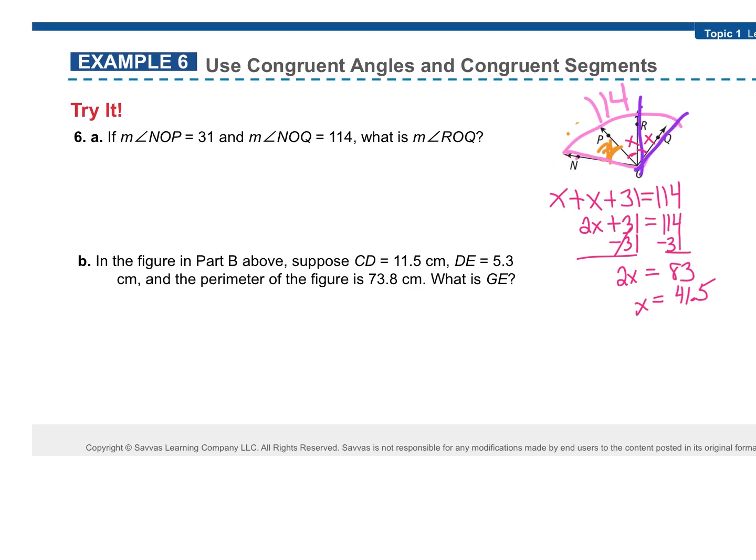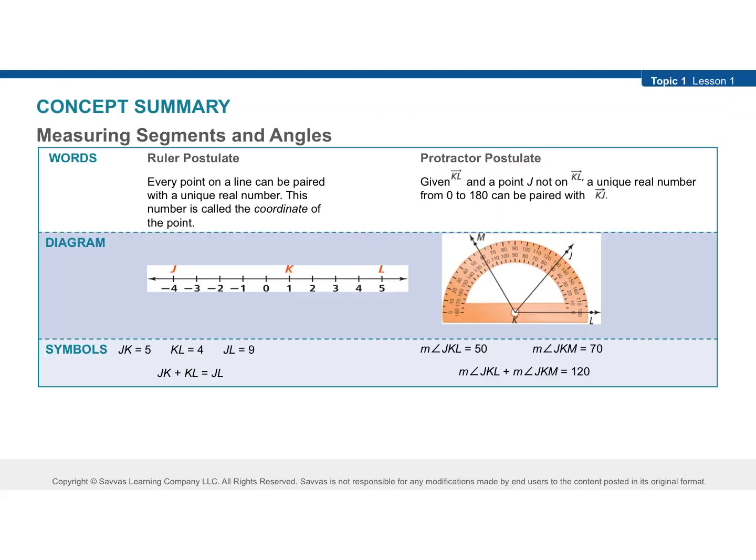And then it says, in the figure in part B above, suppose CD is 111 and DE is 5.3. The perimeter of the, oh, I don't even have a picture of that. So I guess we can not worry about it.